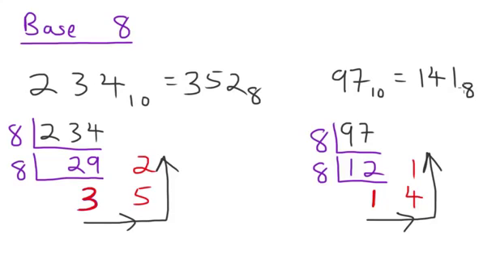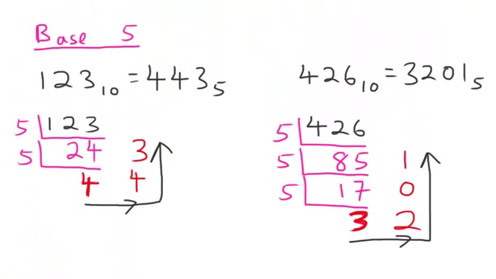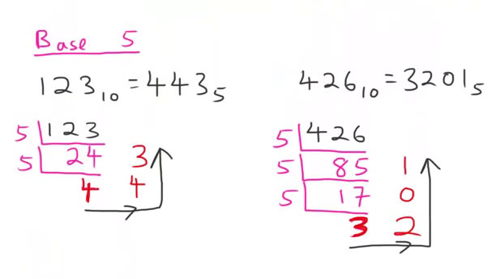So this is the method that we use, a very simple method, which is just divide the number by the base that you're looking for, and you get the number in the number base that you are looking for. If you want base 8, you divide by 8. If you want the answer in base 5, you divide by 5.